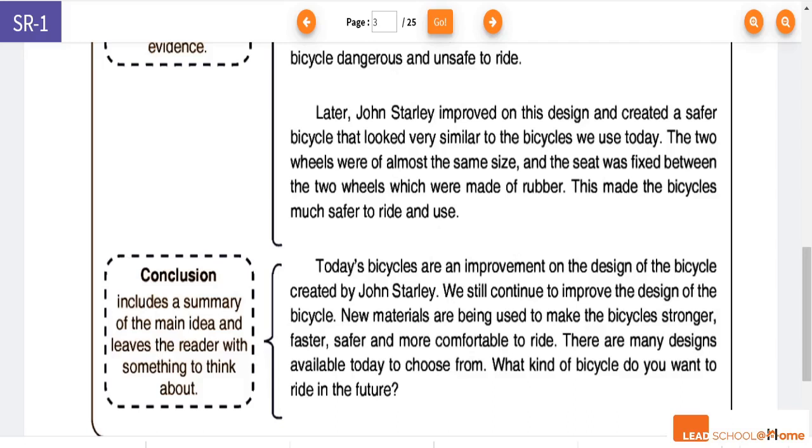Today's bicycles are an improvement on the design of the bicycle created by John Starley. We still continue to improve the design of the bicycle. New materials are being used to make the bicycles stronger, faster, safer, and more comfortable to ride. There are many designs available today to choose from. What kind of bicycles do you want to ride in the future?